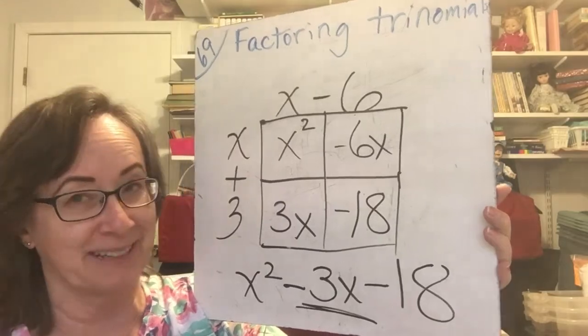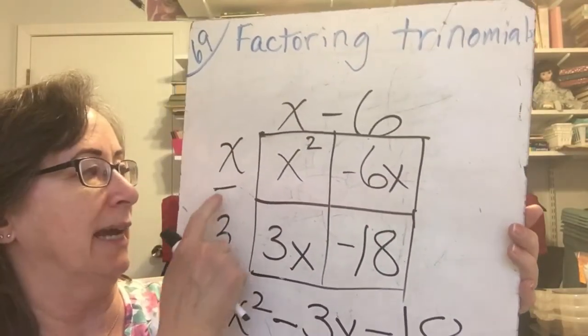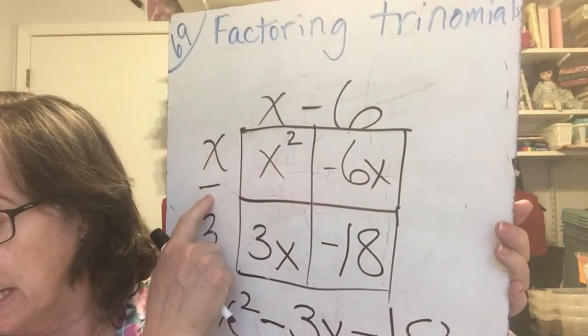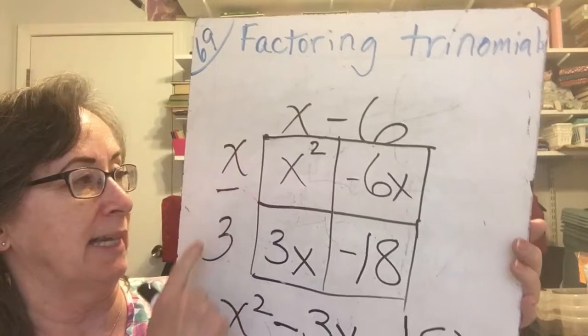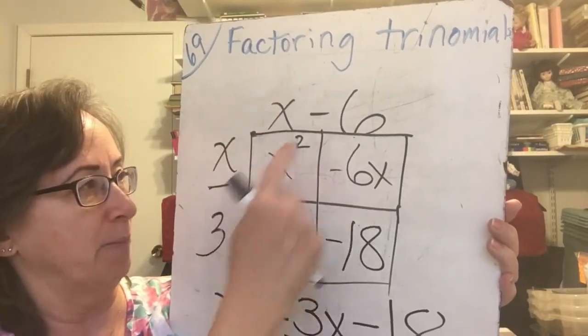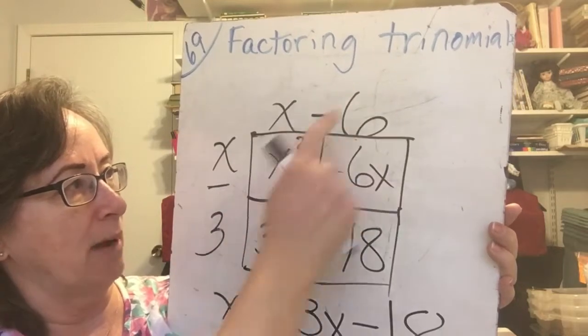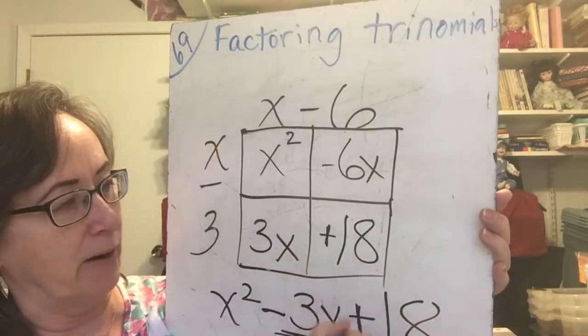and your factoring. Okay, so now what I've done is I took that same chart and I changed this to a minus, because the next problem in the book is x minus 6, x minus 3, which leaves this one the same. This one is now a minus times a minus, so that's going to be a positive 18 there.